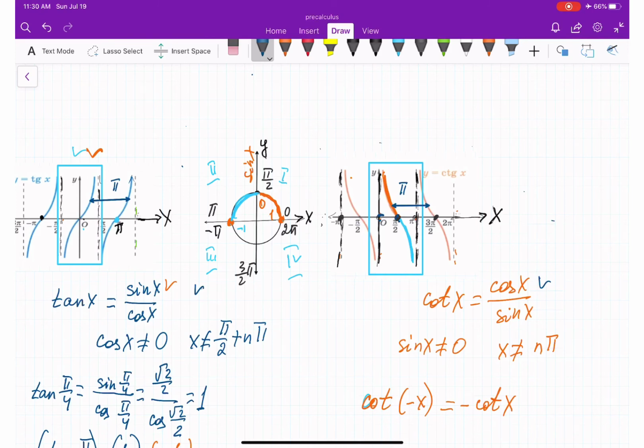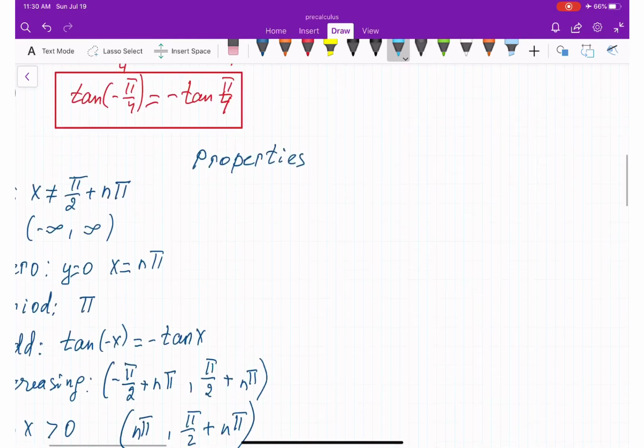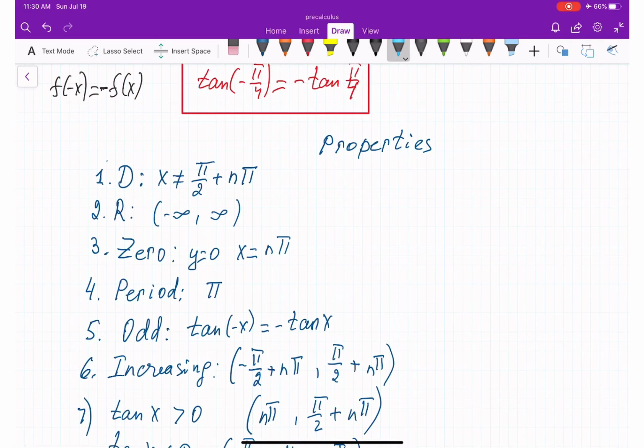And it's negative from positive half a pi to pi, because it goes below the graph, right? From positive half a pi to pi. Here is blue color. This is negative, where it is negative. So it will be half a pi plus n times pi, and all the way to pi plus n times pi. Okay, let's now summarize these properties we just mentioned.